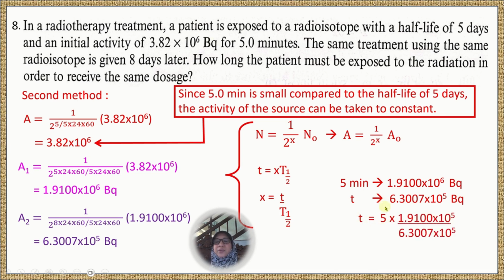So we cross multiply. This one we use an inverse ratio because this is time taken. Same reason as the previous slide. So 5 times 1.9100 times 10 to the 5 over 6.3007 times 10 to the power of 5. So we get 15.2 minutes. Okay, so the same answer as the previous slide.